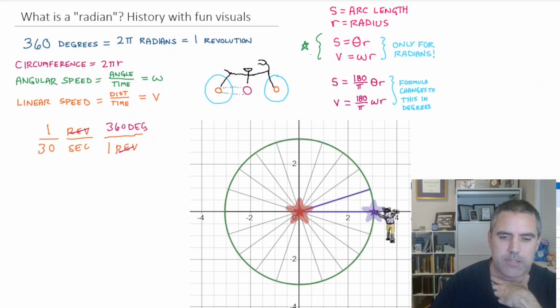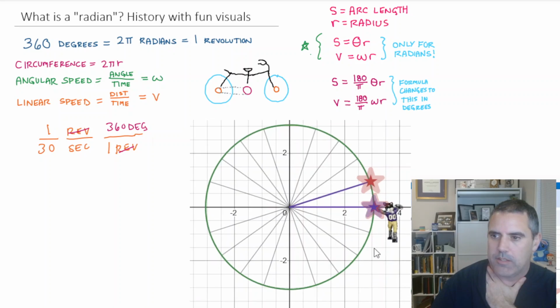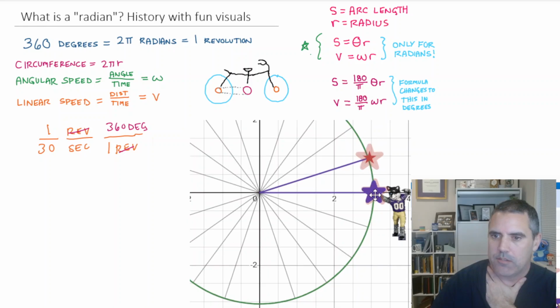And I've drawn these two red stars. So I'm going to go for a little walk here on those red stars and see what happens. If I walk out, one could ask, how far does that distance I just walked compare to the distance between those two along the edge? Along the edge, that's called the arc of the circle.